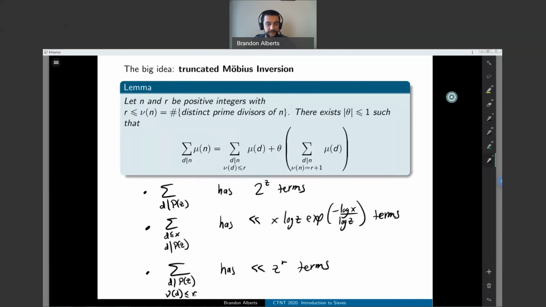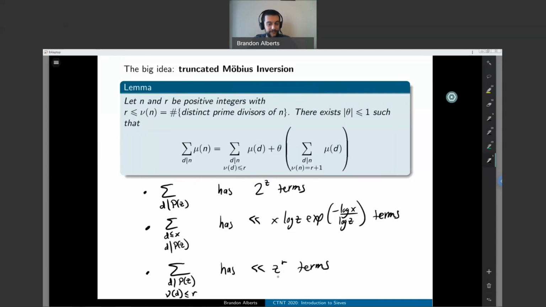That's a lot better. Once again, we're back to an error term that doesn't involve x, so we have a hope of this being really, really small. But now, this is just polynomial in z instead of exponential. This error term is a lot smaller than this one up here, and it doesn't depend on x.